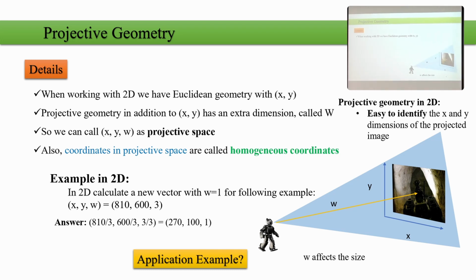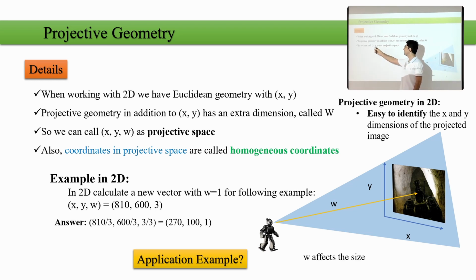So instead of working with x, y in 2D Euclidean geometry, we can work with projective geometry, where we add one extra dimension to the frame called W. This W is going to help us project the same frame at different depths on the coordinate system that we have.